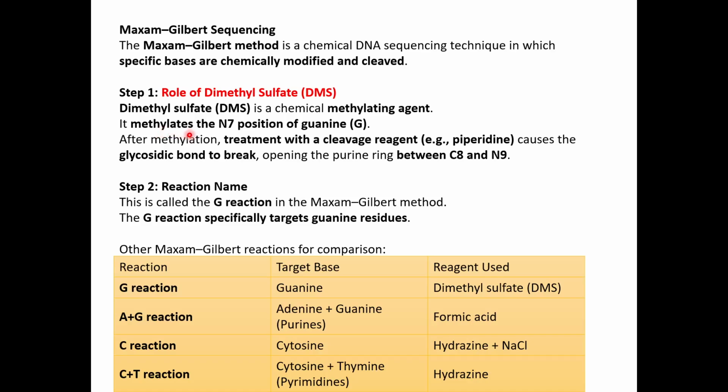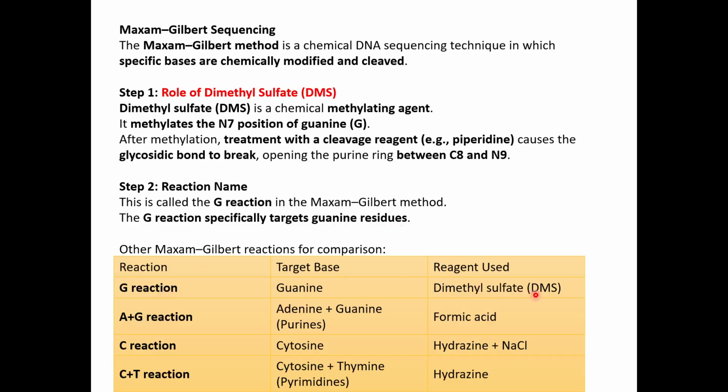It methylates the N7 position of guanine. So after methylation, treatment with a cleavage reagent like piperidine causes the glycosidic bond to break, opening the purine ring at C8 and N9. Then this is called a G reaction in the Maxam-Gilbert method, and the G reaction specifically targets the guanine residue.